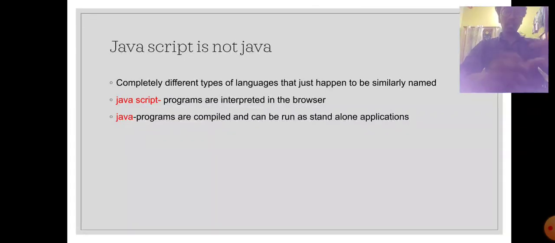But in Java, programs are compiled and can be run as standalone applications. This is the difference between JavaScript and Java. So after this, you got to know that JavaScript is not equal to Java, and Java and JavaScript are different.